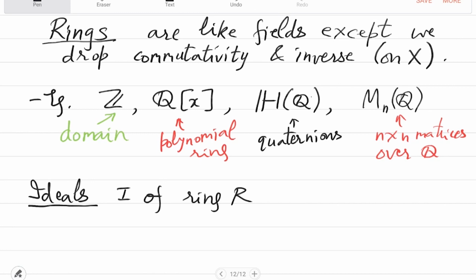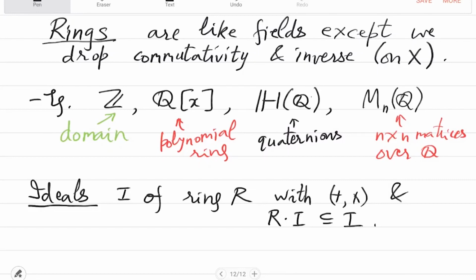In addition, it has this strange extra property: if you multiply any element in R with any element in I, then you are inside I. Right, so this is a strange property.